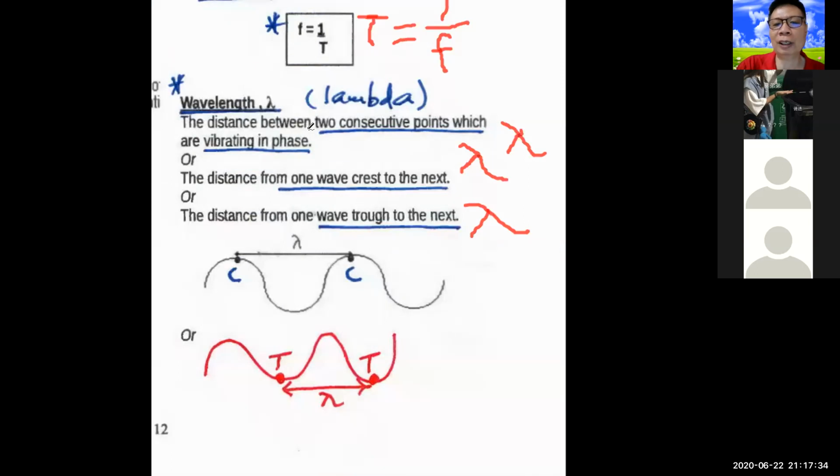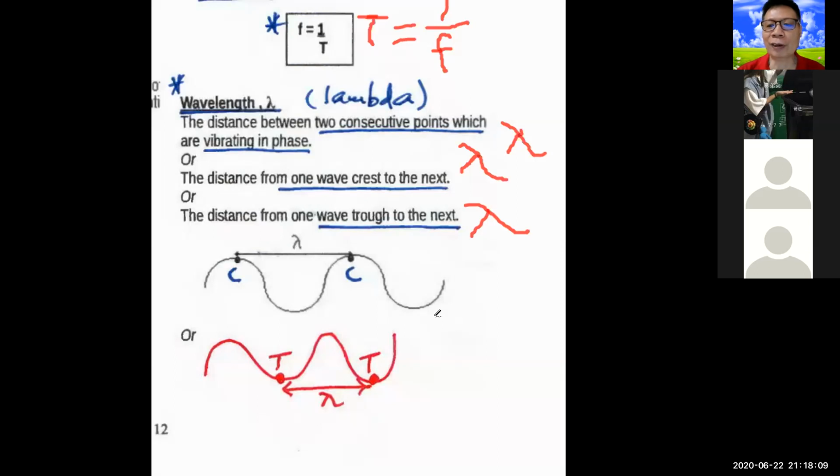Or you can say the distance from one wave crest to the next, this crest to the next crest, is lambda. Or the distance from one trough to the next. So it's called a wavelength, lambda. So remember the definition. So you have amplitude, period, frequency, and then wavelength, lambda.